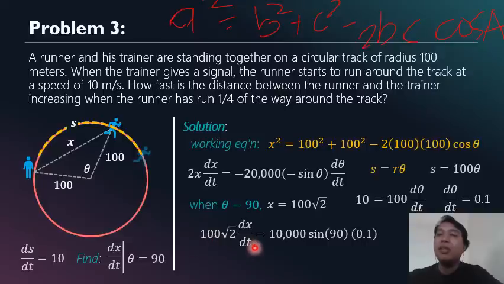So your dx over dt will be 10 over square root of 2. You can rationalize that by multiplying square root of 2 on the numerator and the denominator, and we get 5 square root of 2. So dx over dt is 5 square root of 2. Of course, the unit is meters per second.